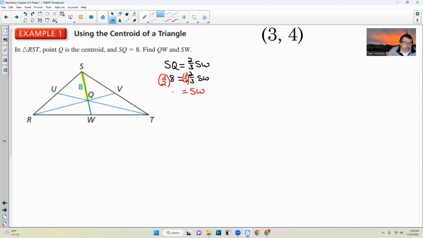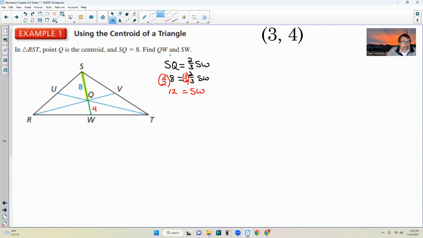And this will give us the length of SW. And divide first. If 2 will go into 8, do that. 8 divided by 2 is 4, 4 times 3 is 12. So 3/2 of 8 is 12, and SW is 12. So therefore QW must be 4, because 8 plus 4 equals 12.